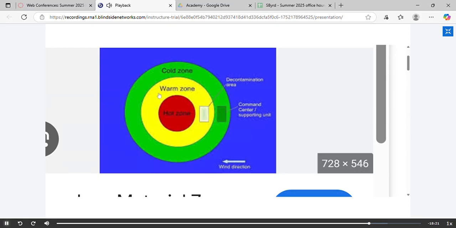The warm zone is the area around the hot zone. That's your warm zone. This is kind of considered our transition zone, okay? Because we're going to be transitioning in and out of that hot zone, from the cold into the hot. This is where decon takes place, okay?